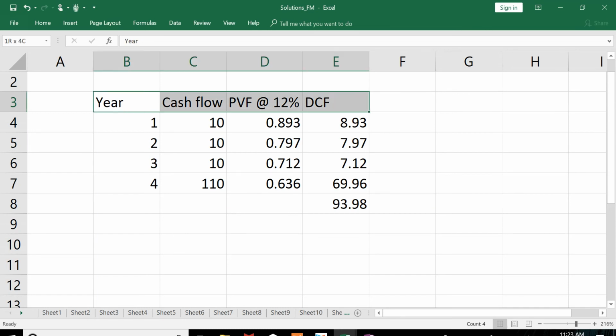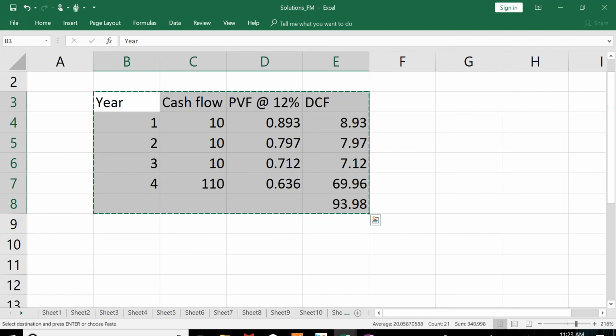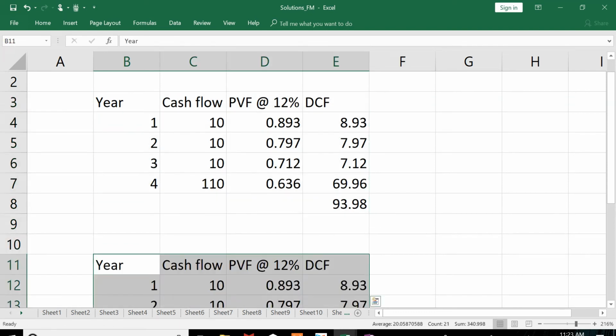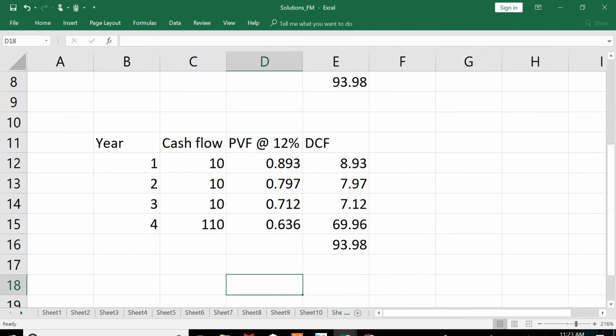So let's do this now. We'll show this again at 10% expectation. You will get answer as 100, that I'm sure. But let's anyway show it.